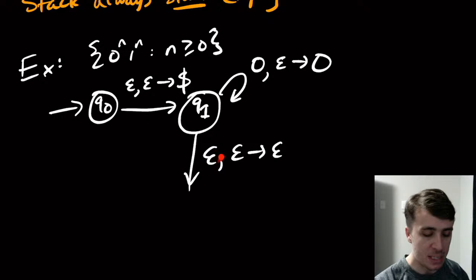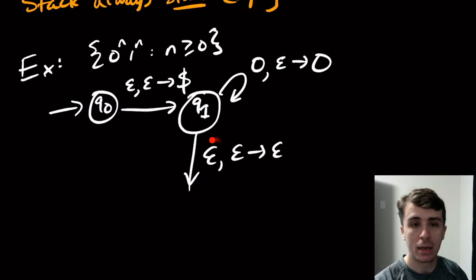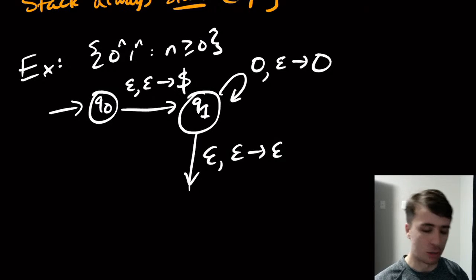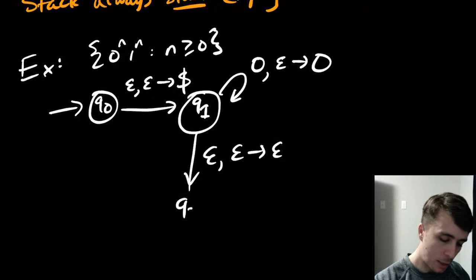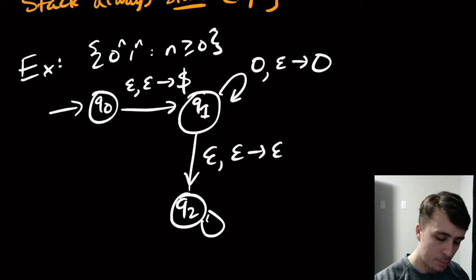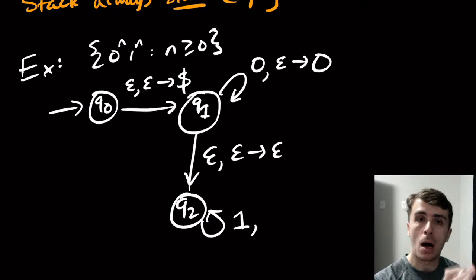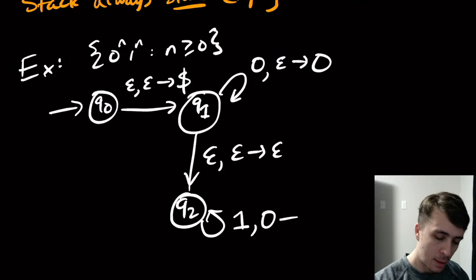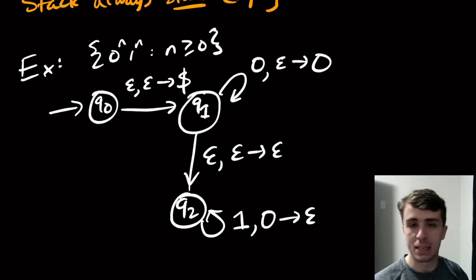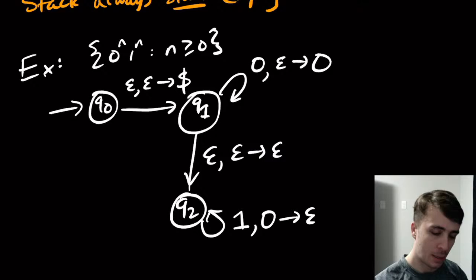And if I have a read here, then that's not going to allow us to accept the empty string. So here I'm going to go down to a state Q2, and it's going to read a 1, but pop off a corresponding 0 that's on the stack. And it's not going to push anything because I don't want to undo the work that I just did in popping that 0.